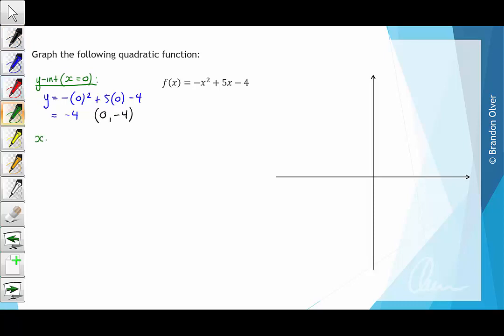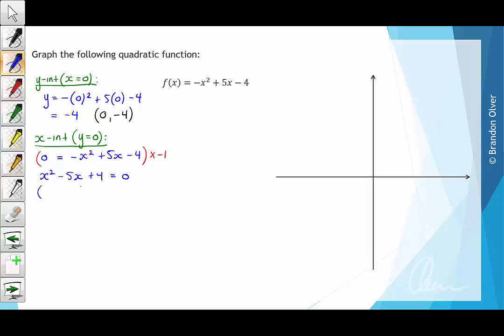The next thing we need to do is find the x-intercepts by letting y equal 0, or f of x equal 0. So in this case, we have 0 is equal to negative x squared plus 5x minus 4. Multiplying every single term on both sides of the equation by negative 1, we find that x squared minus 5x plus 4 is equal to 0.